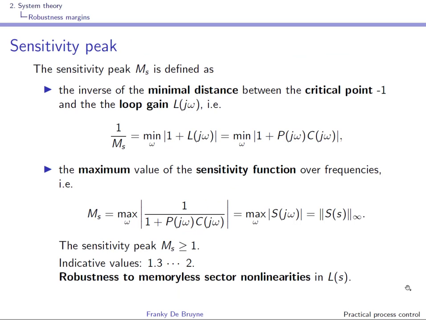We have seen in the previous slide that 1 over the sensitivity peak is the minimal distance between the critical point -1 and the Nyquist plot of the loop gain. So this is how you can rewrite this: it's the minimum over frequencies of the magnitude of 1 plus the loop gain, and the loop gain of course can be rewritten as PC.